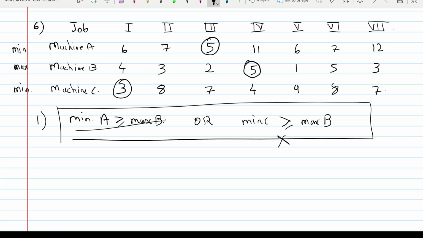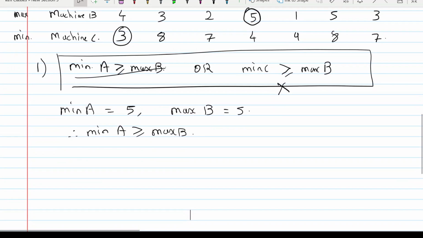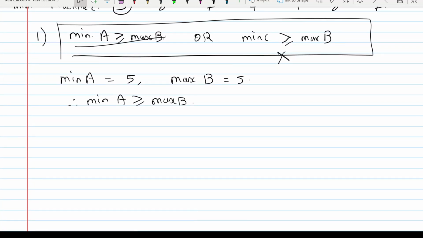What you write is minimum of A. Minimum value of A is 5. Maximum value of B is 5. Therefore, minimum of A is greater than or equal to maximum of B. We just need to know what statement we have to write.